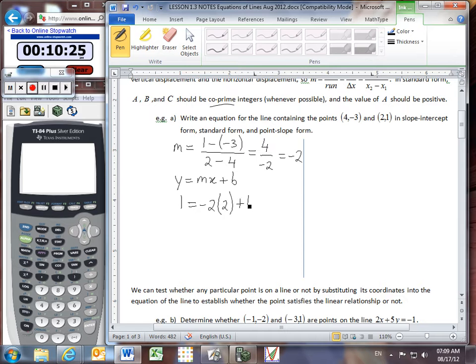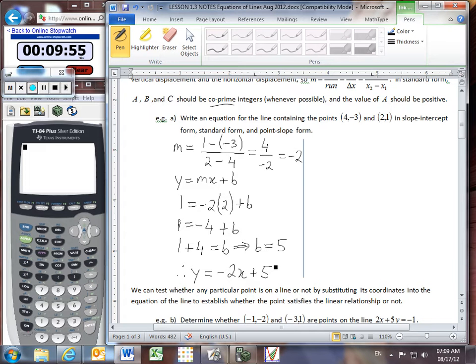So 1 is equal to -4 plus b, and if I bring the -4 to the left, it becomes +4. This shows us that b is equal to 5. Therefore, in our slope-intercept form, y equals mx plus b, my m was -2 and my b is 5. There's slope-intercept form. Let's do standard form.